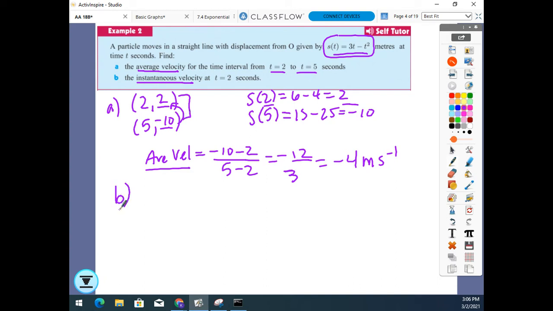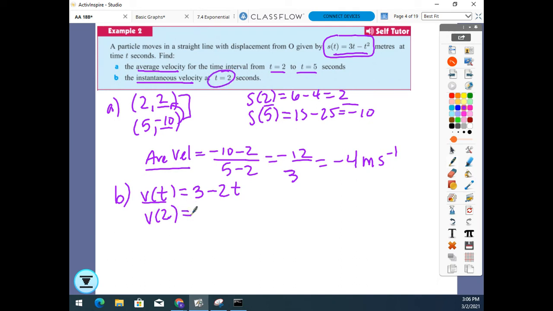B, the instantaneous velocity means I have to find the derivative of my position function first. The derivative of 3t is 3. The derivative of t squared, going back to derivatives, so be careful. Then I find v of 2.